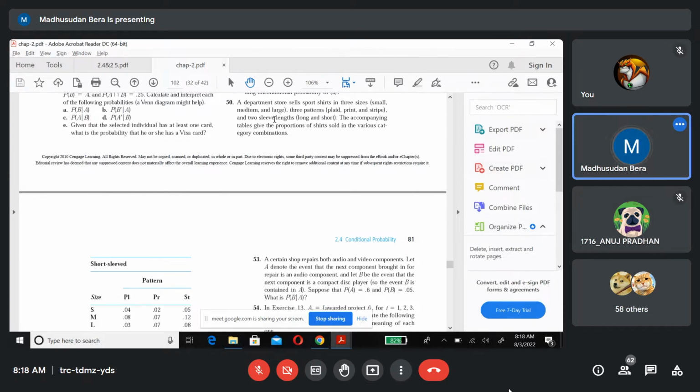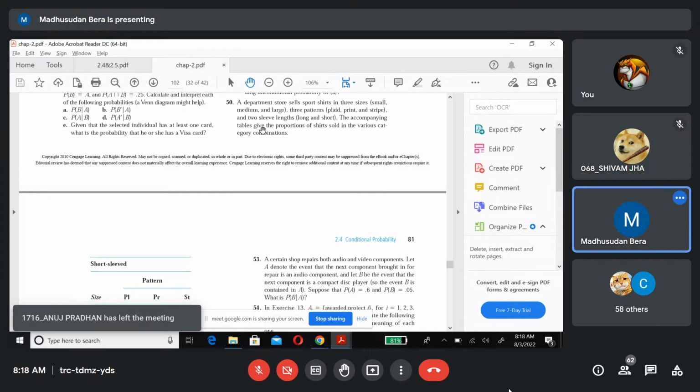Three patterns: plaid, print, and stripe. And two sleeve lengths, long and short. So now the corresponding probability table is given.